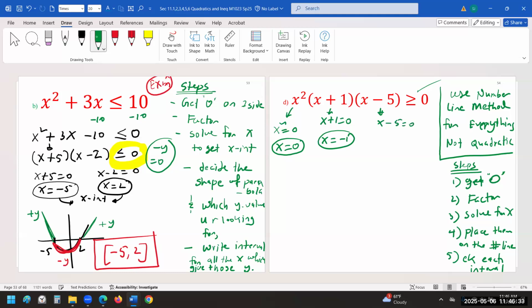X minus 5 equals 0 gives us x equals positive 5. So we have 3 x-intercepts. What are we looking for? Positive y or 0 y? Right? Two types of y we are looking for. Whatever x gives us 0 y or positive y.